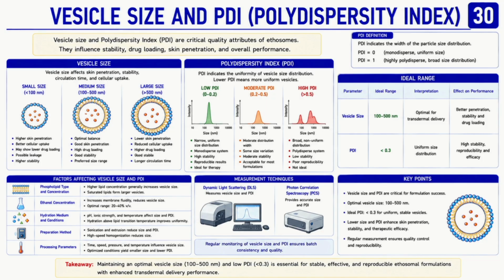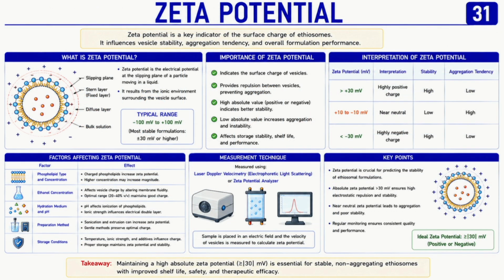Next is the zeta potential. Zeta potential is another important parameter. It represents the electrokinetic potential near the slipping plane of dispersed particles. It provides information related to the surface charge, and can help predict the electrostatic interactions between the vesicles.